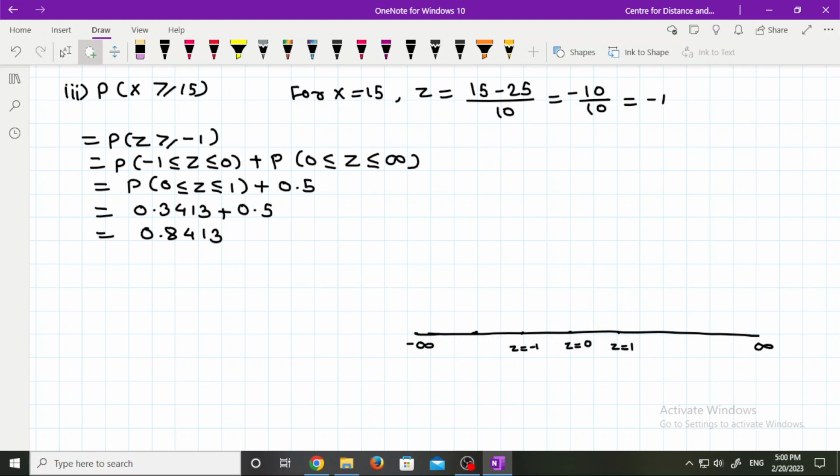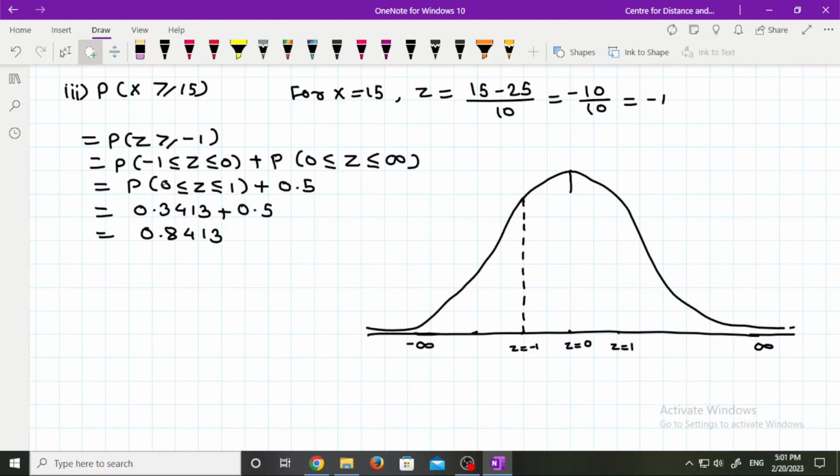This is our 0, our minus 1, and this is up to infinity, that is this one area.